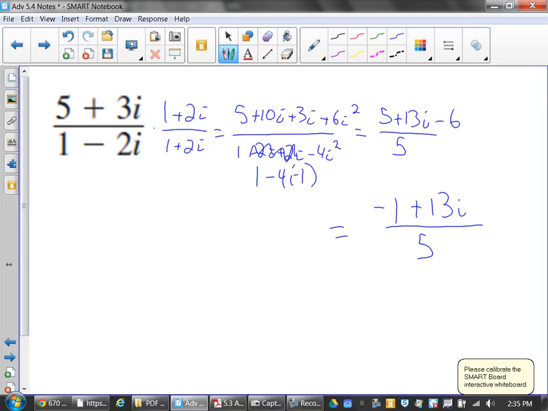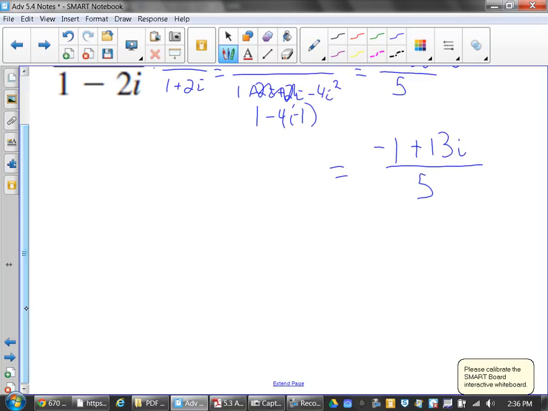Now, I'm going to show you what your answers look like in the book. Do you guys agree that 5 is the common denominator of the 1 and the 13? What happens in the book is that they write it out a little bit differently. They write it as negative 1/5 plus 13i over 5.